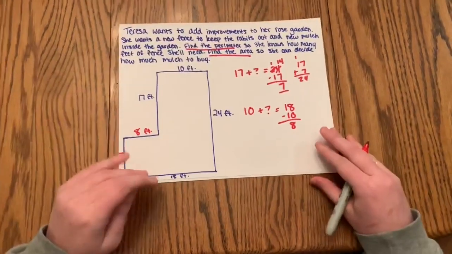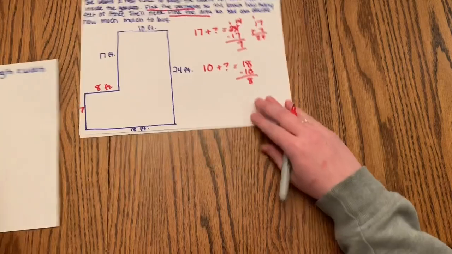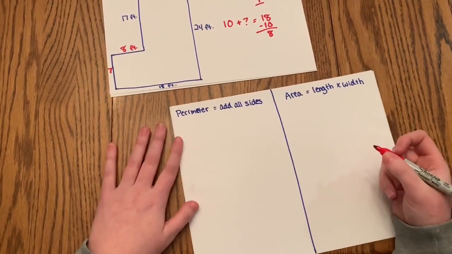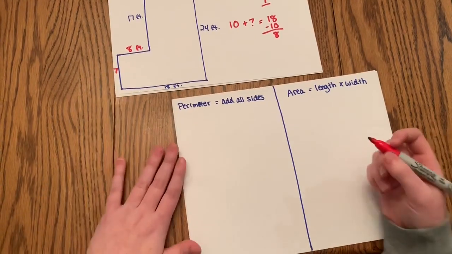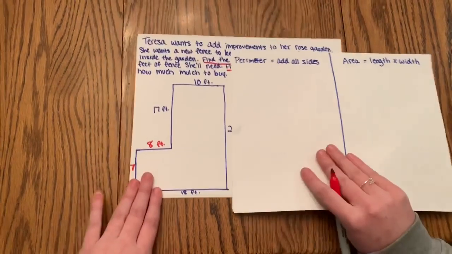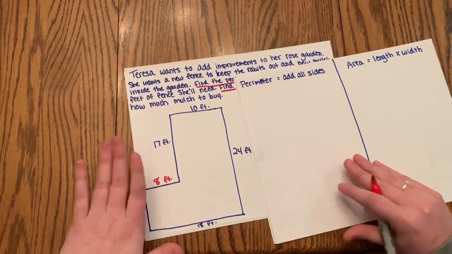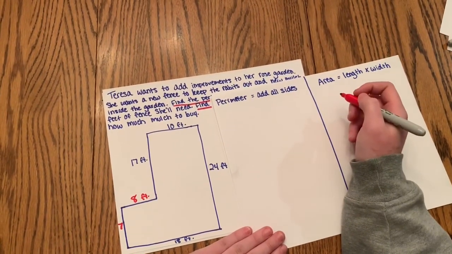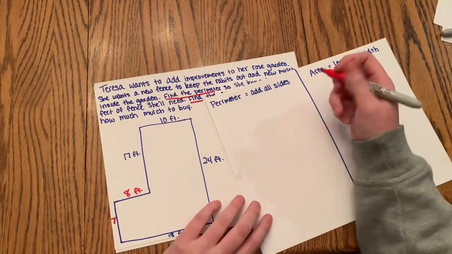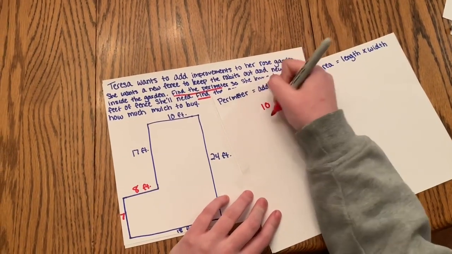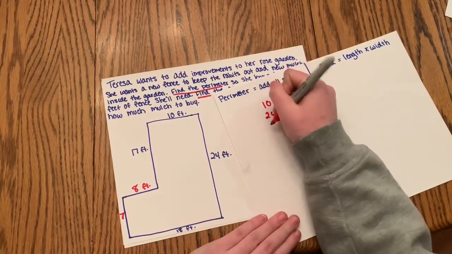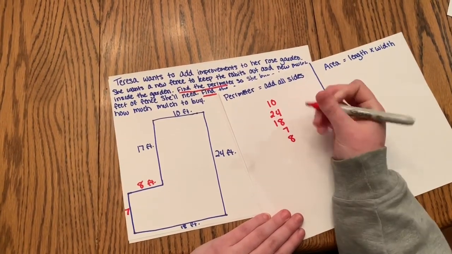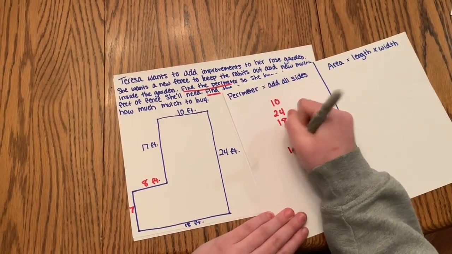So now that we know our unknown numbers, we can go ahead and find both the perimeter and the area of our irregular shape. So the perimeter, if we remember, means that we add up all of the sides. So we're going to do that. So we have 10, 24, 18, 7, 8, 17.